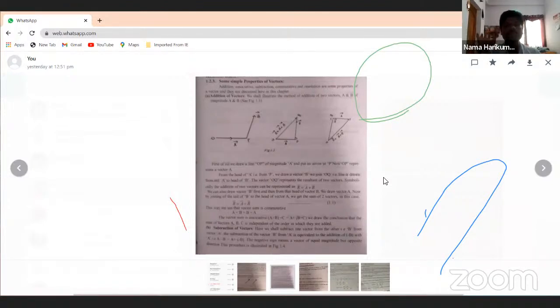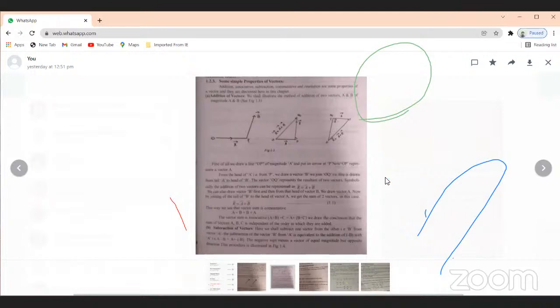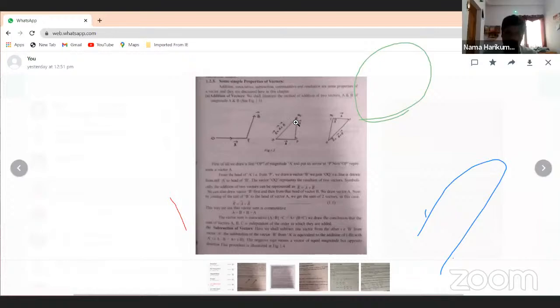Is it clear? Use the same diagram as addition of vectors, but for P2Q put an arrow mark downward. So the final resultant is R equals A minus B.